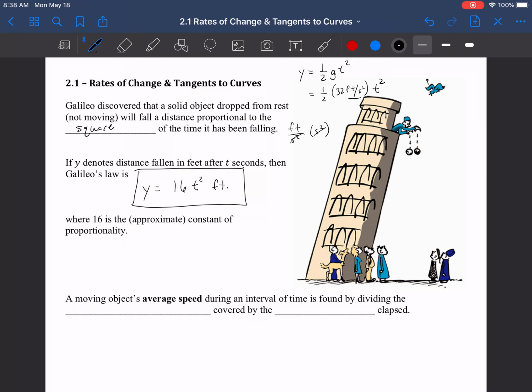All right. So a moving object's average speed during an interval of time is found by dividing the distance covered by the time elapsed. So this is going to be our average speed.